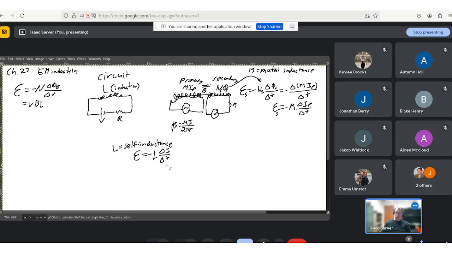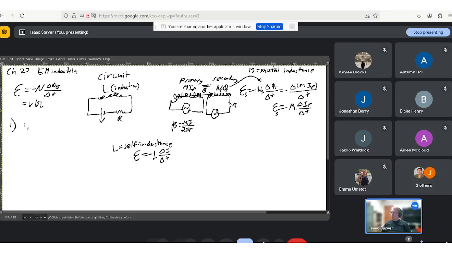So, for the time being, there are two reasons to put an inductor into a circuit. One, this minus sign here is telling the circuit that it cannot change its current.